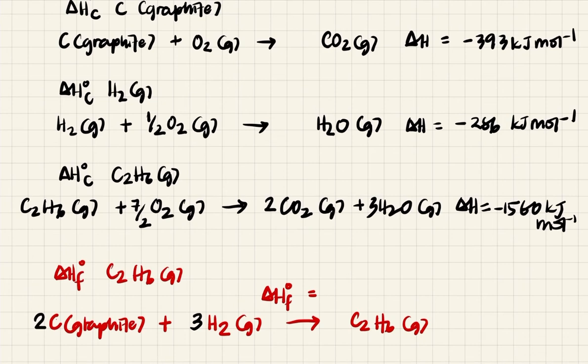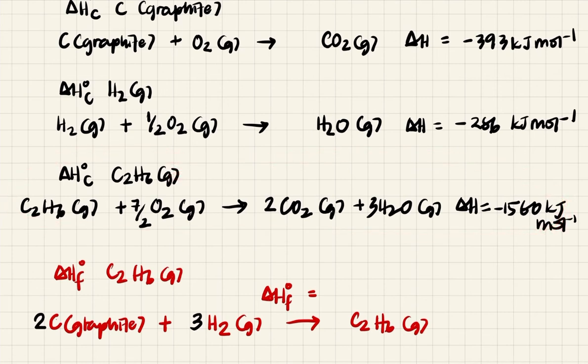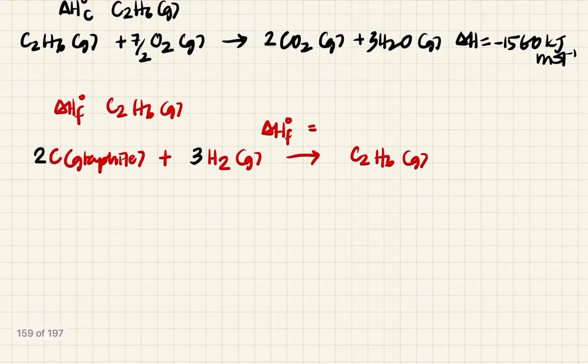What I like to do is look at what I want to form. It is C2H6. So I'm going to look here. What do I have? I have C2H6 here. That means that somehow I will need something to form C2H6, which is this.